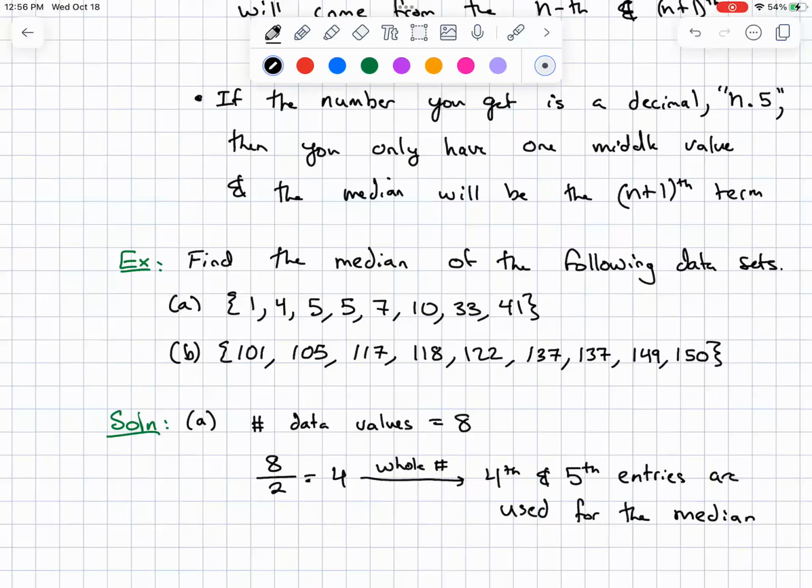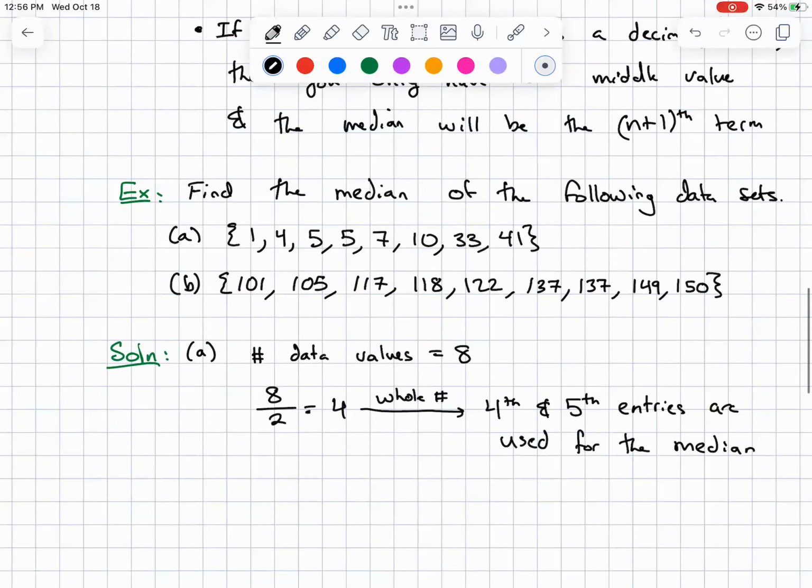If you got 107, it'd be the 107th and 108th. The number that you find, and then the next number in the sequence. So in this case, 1, 2, 3, 4, and 5. So the median will be 5 plus 7 divided by 2, which is 6.